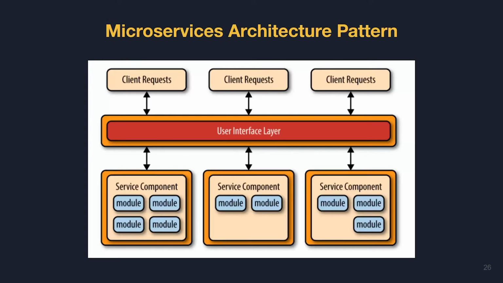For example, there are patterns where microservices communicate with each other using a REST API. They always communicate with each other using an interface. That's a rule. And the interface is one of two kinds.